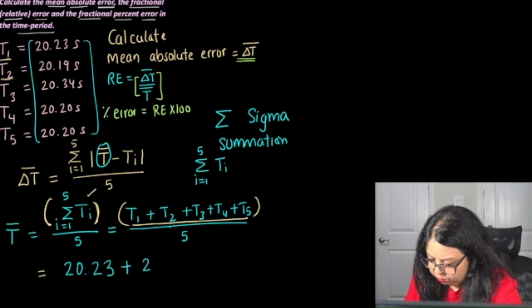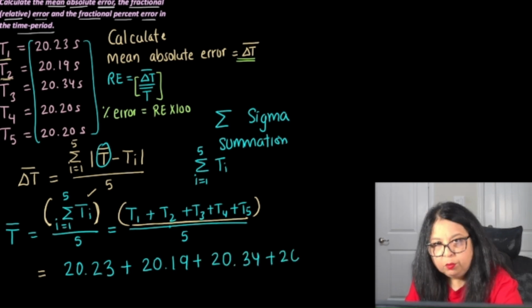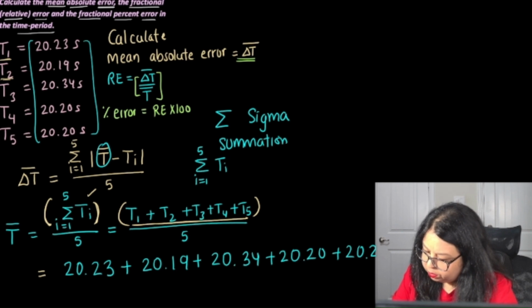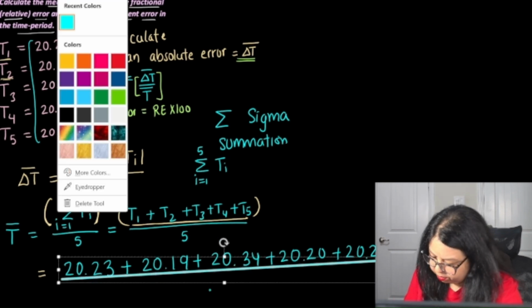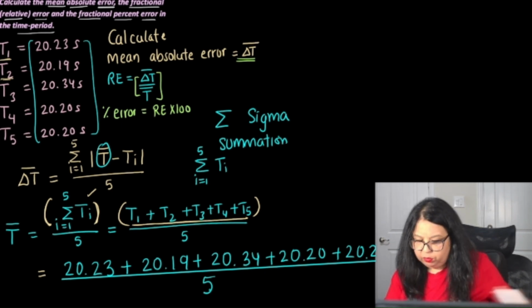20.23 plus 20.19 plus 20.34 plus 20.20 plus 20.20. Divide this by what? 5. So what is the sum of all these numbers?